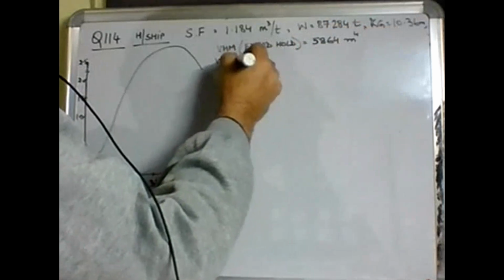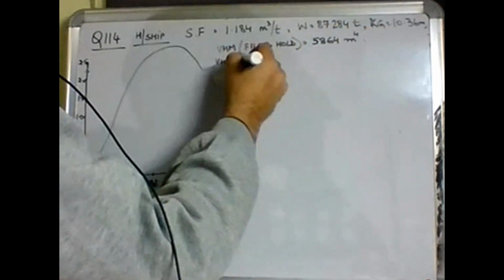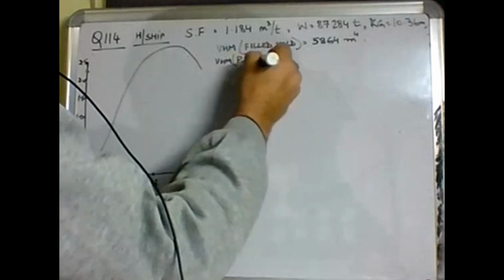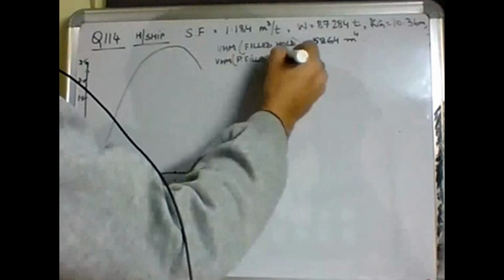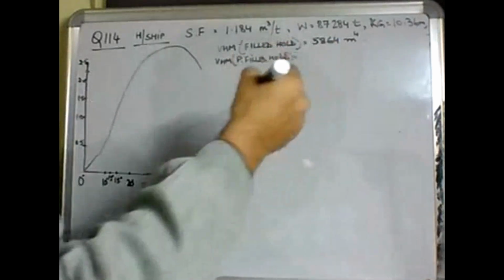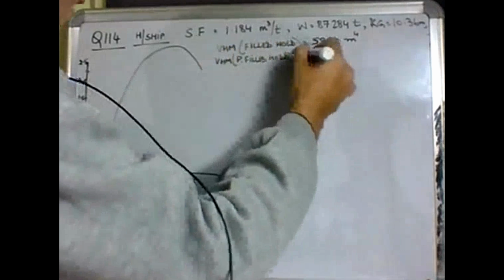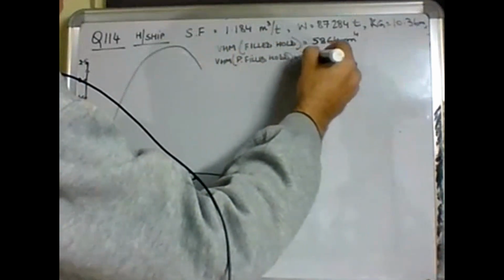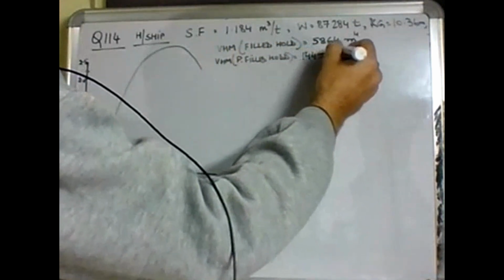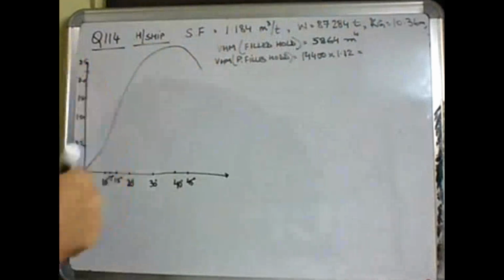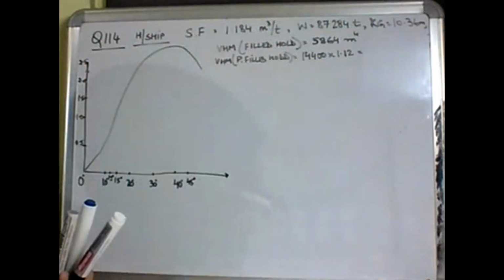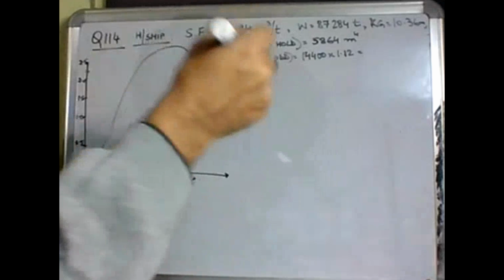The volumetric heeling moment of the partly filled hold is equal to whatever volumetric heeling moment is given, 14,400 multiplied by 1.12. This is a factor which is applied. How much does this come to?